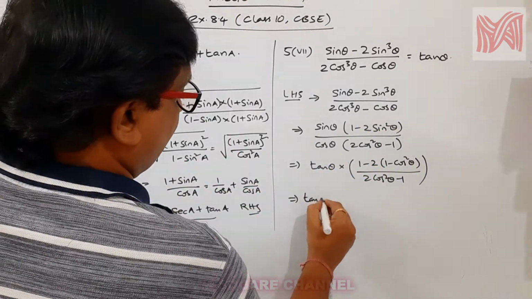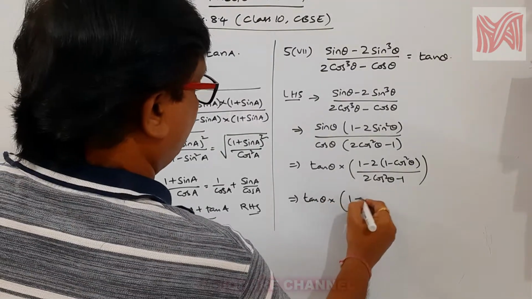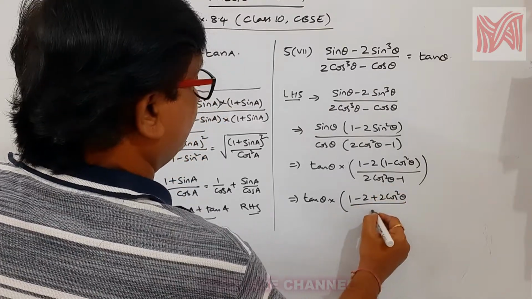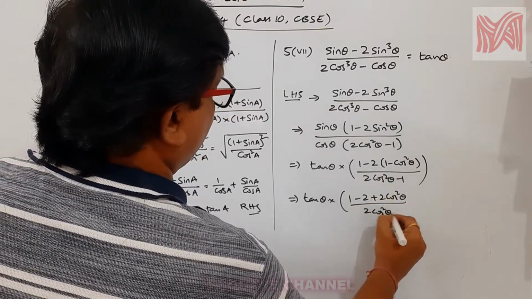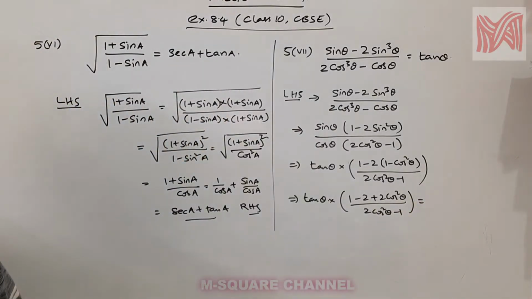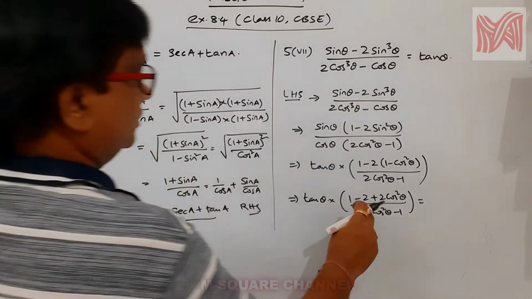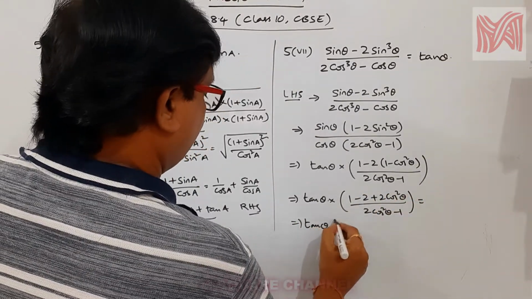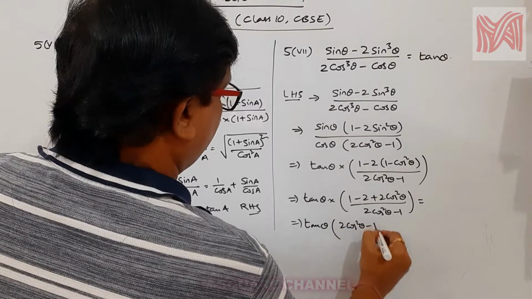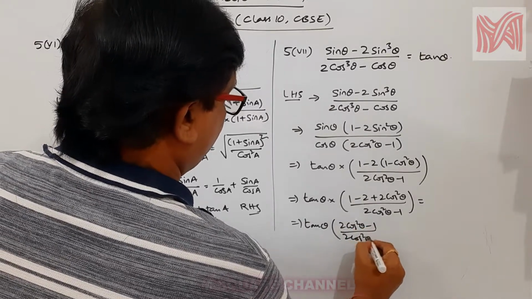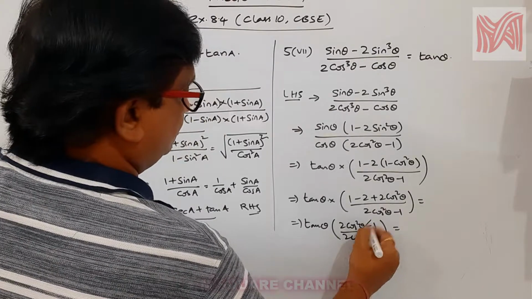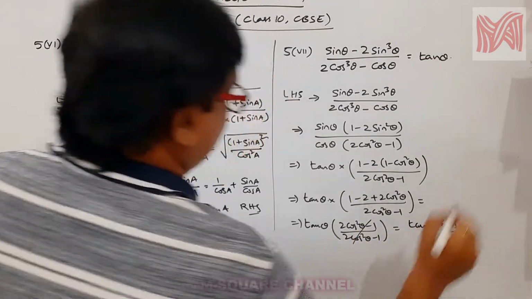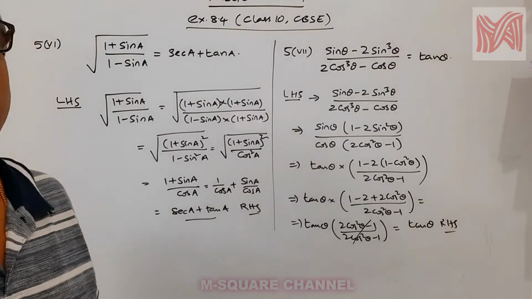So tan theta into 1 minus 2 plus 2 cos square theta by 2 cos square theta minus 1. So here minus 1 will be there, 2 cos square theta minus 1. So tan theta into (2 cos square theta minus 1) by (2 cos square theta minus 1). So these two are cancelled. So our answer is tan theta, that is RHS.